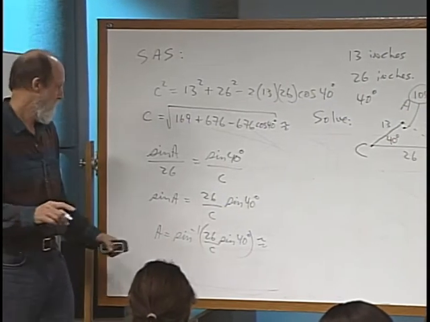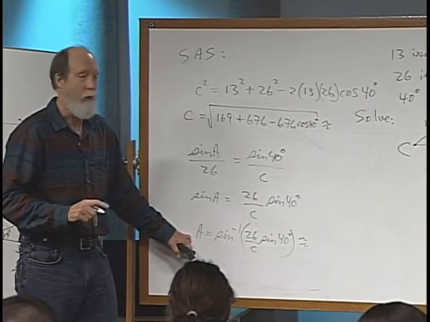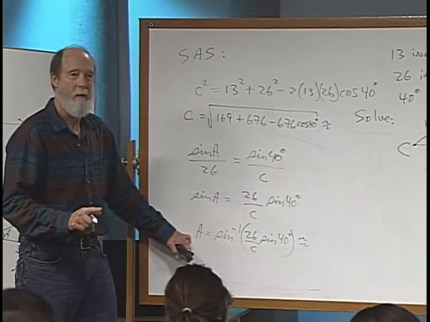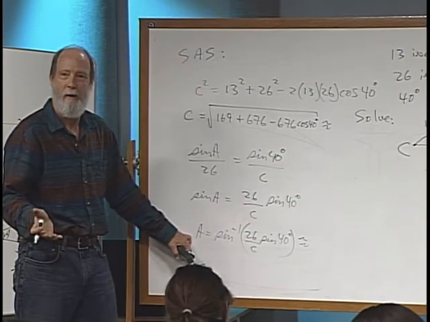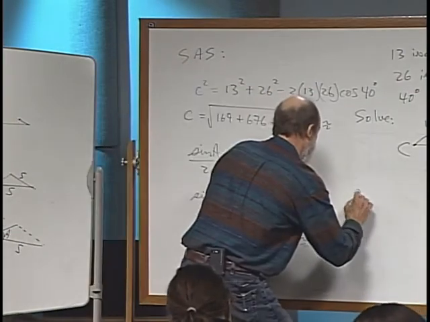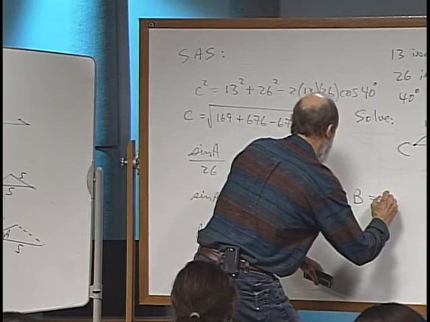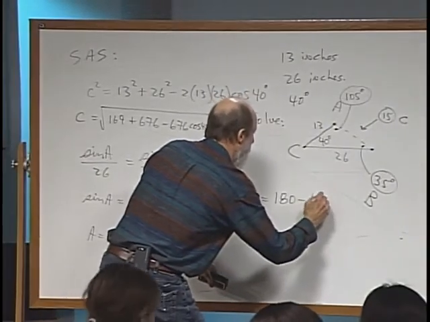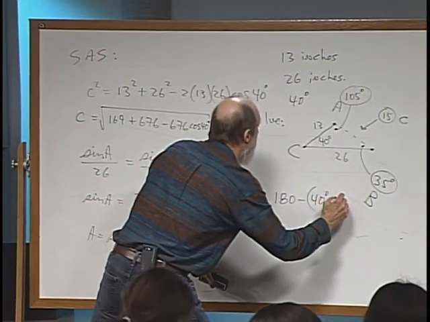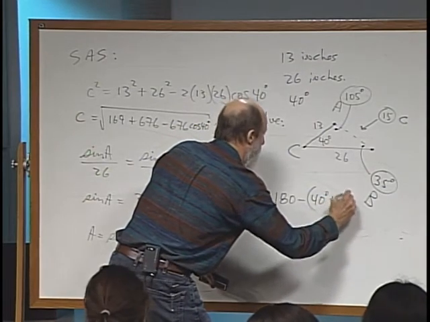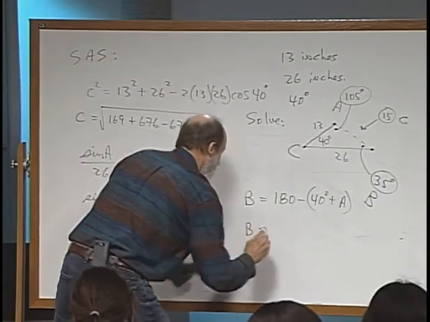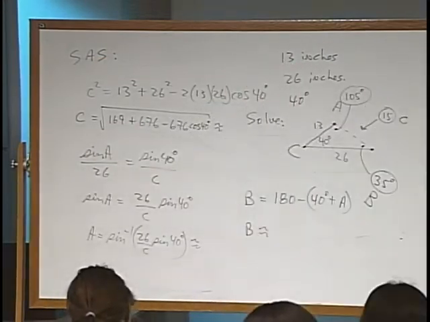Okay? Got it? And then finally, what's missing? Angle B. Angle B is going to be easy, isn't it? Angle B is going to just be equal to 180 minus the sum of 40 degrees and angle A. Right? Okay. So let's do that real quickly with the calculator, and then we'll be done for the day.